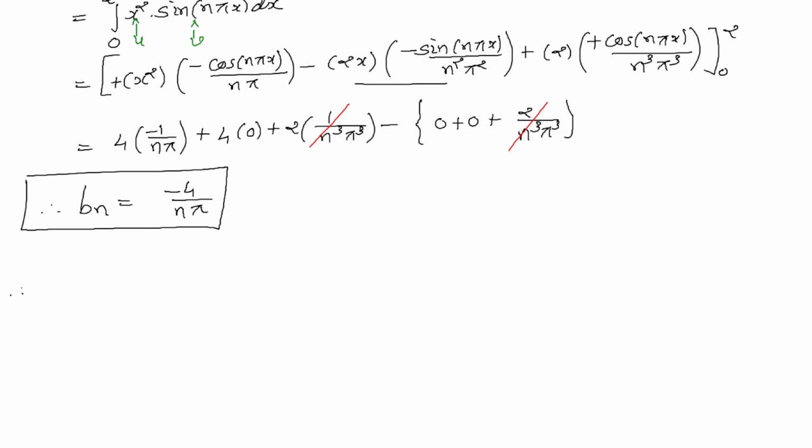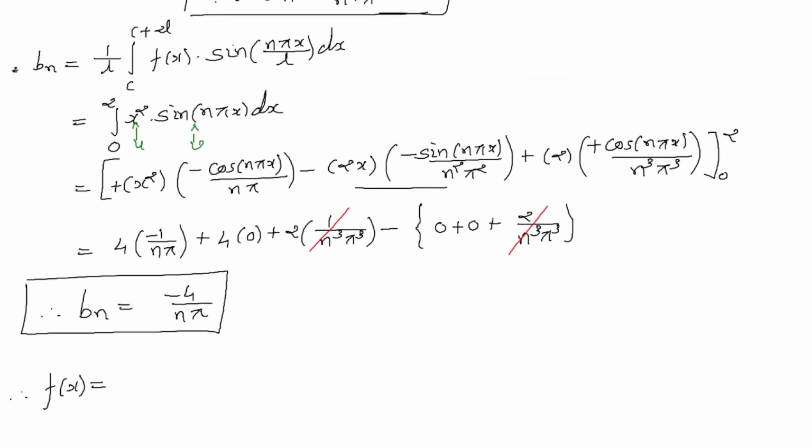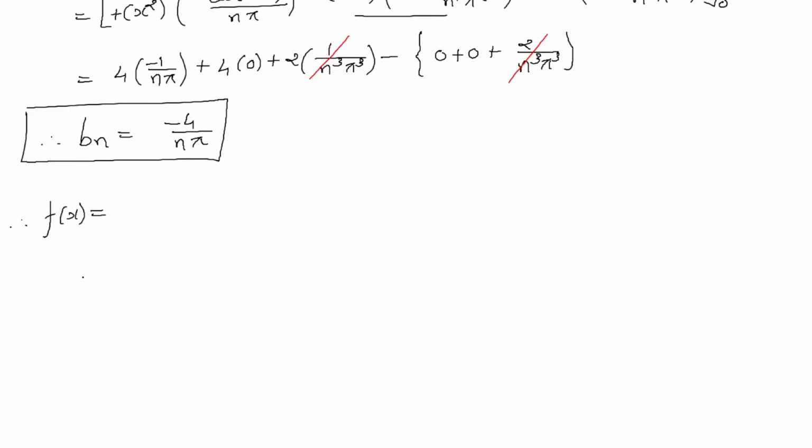And so what is the Fourier series? F of x is equal to a0 divided by 2. That is the formula, right? a0 by 2 plus, what is a0? 8 upon 3. So 8 upon 3 by 2 is 4 upon 3 plus summation n equal to 1 to infinity an.